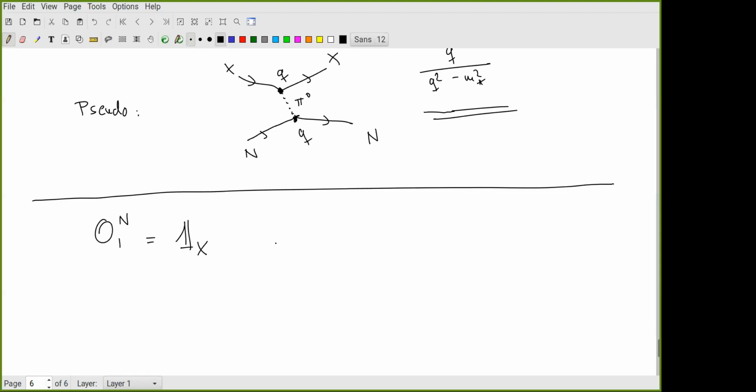It's a contact interaction on dark matter times a contact interaction on nucleons. It's just some convention for how to write these operators. Really you should write them as chi v times nucleon, non-relativistic times nucleon.